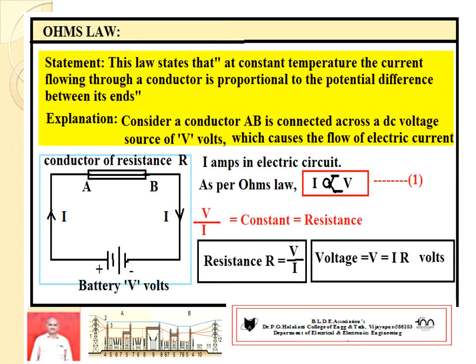As per Ohm's law, resistance R for a given electric circuit is equal to the ratio of V by I ohms. You have to remember, for many calculations, when we want to calculate voltage drop, voltage drop is equal to I into R, where I is the current and R is the resistance in ohms. Remember.